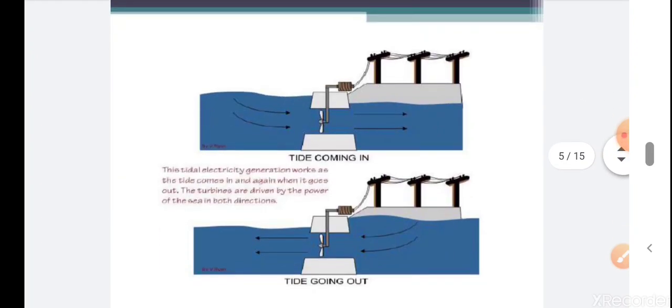What is actually the working of these single basin or double basin barrage tidal plants? It's very simple.